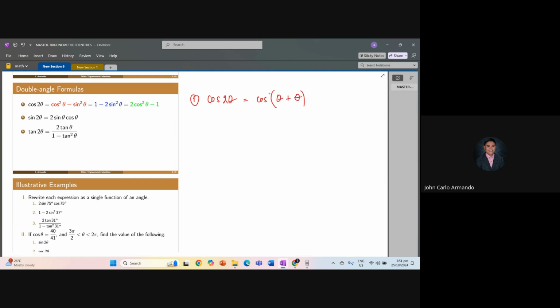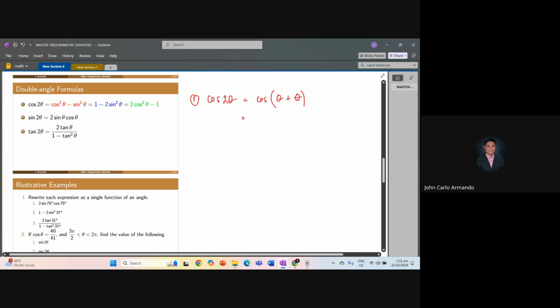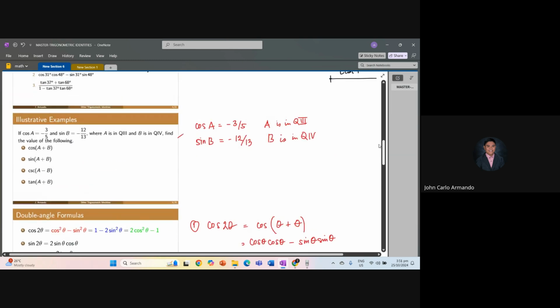And we use the formula for addition, the previous one, that cosine theta plus theta is simply cosine theta cosine theta minus sine theta sine theta. This one.